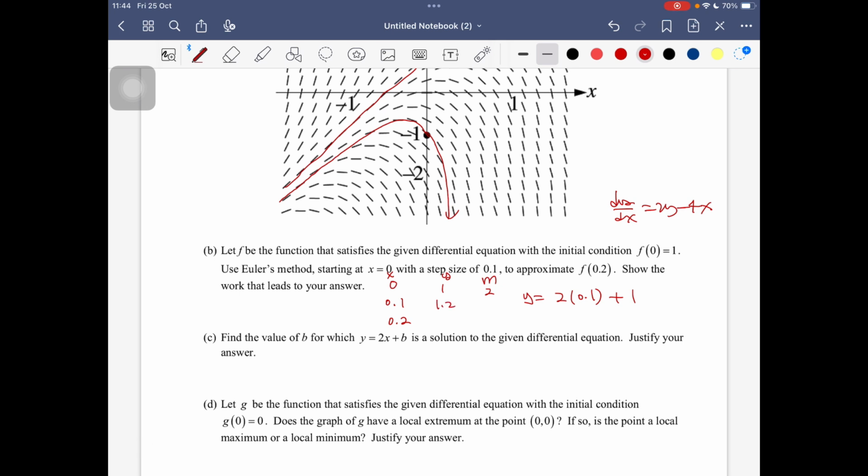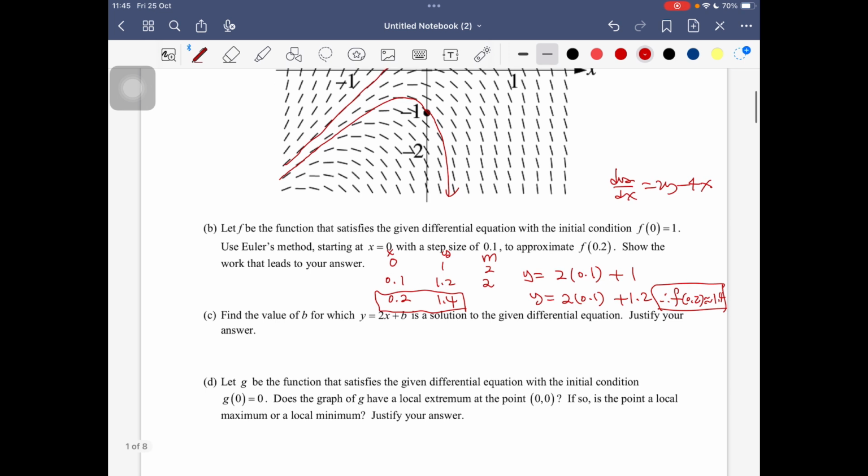And the slope becomes 2 times 1.2 minus 4 times 0.1, which is 2. So y becomes 2 times 0.1 plus 1.2, so 1.4. This is the approximate value. So the answer is f(0.2) is approximately 1.4.